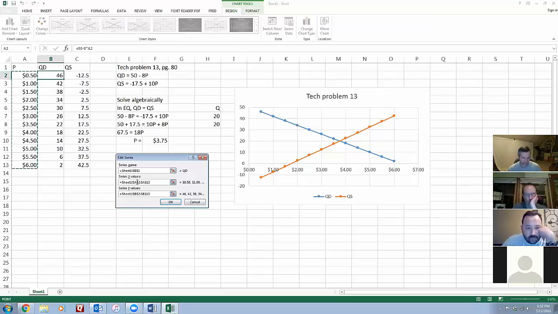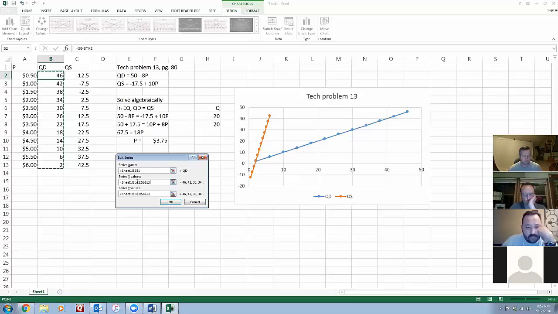You have to be really careful if you're just going to type it in. If you say, well, I want the quantity demand to be the X value, you could go in and retype and say instead of A2 to A13, I want it to be B2 down to B13. You could be careful and do that, and it'll usually like it.